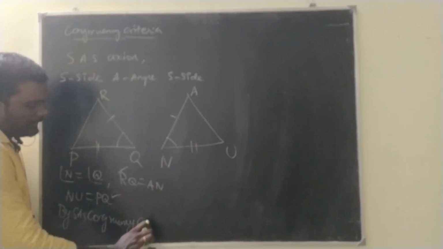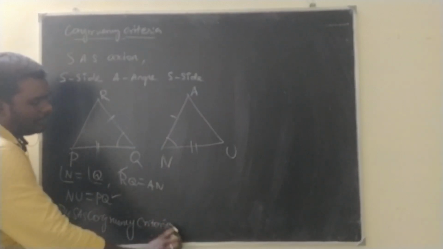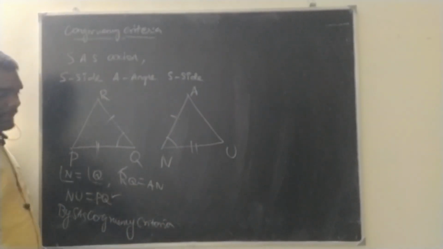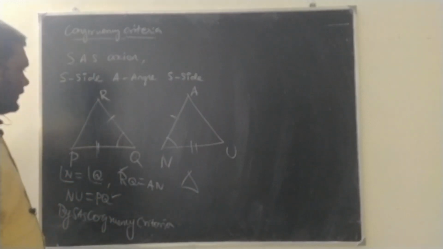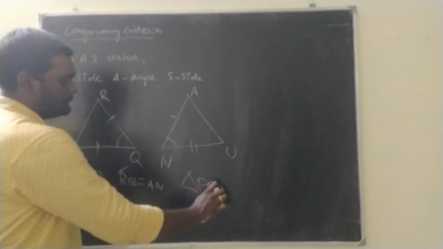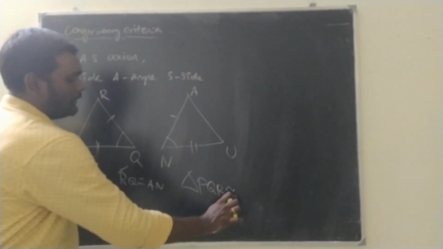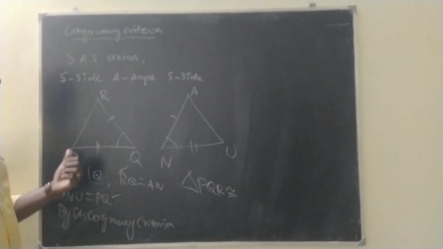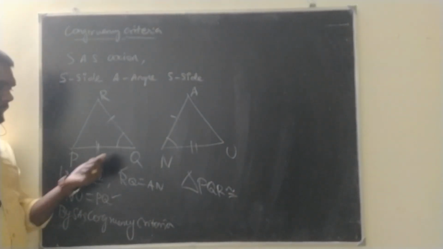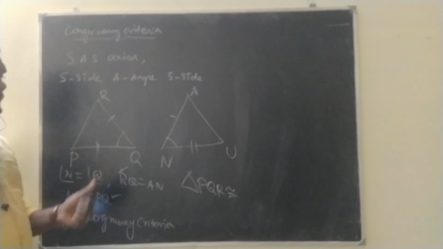or congruency criteria or congruency rule, either way we will say, this triangle PQR is congruent to the angle P is equal to what, that we don't know. The angle Q is equal to N, we know, right?